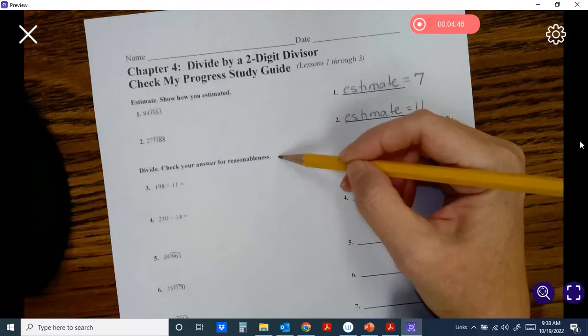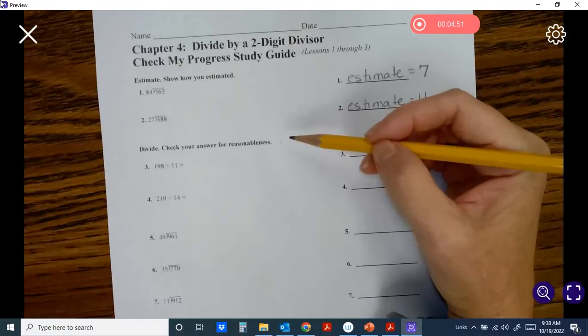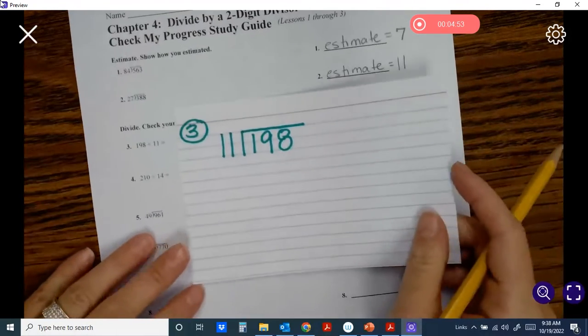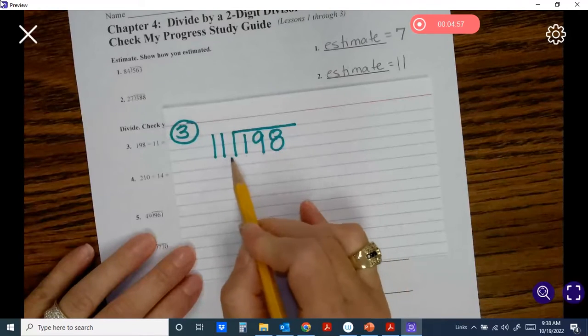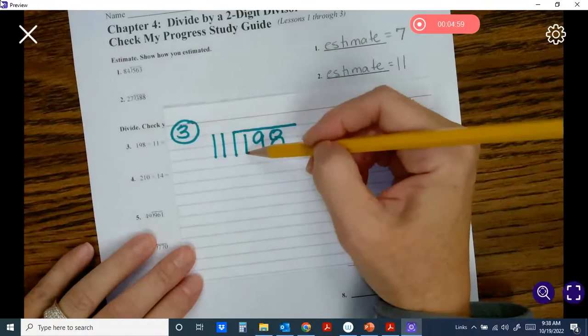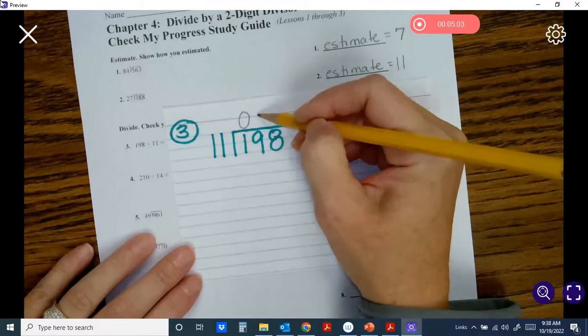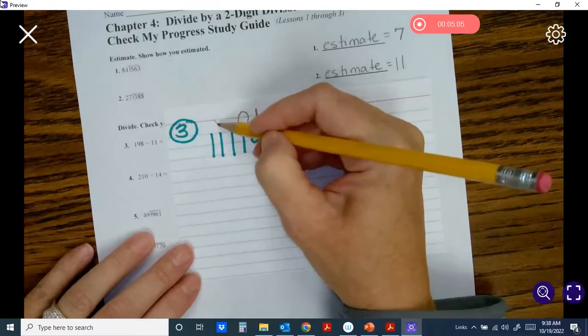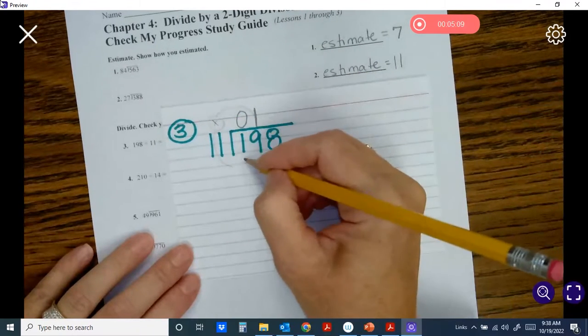Check your answer for reasonableness. All right. So question number 3, we have 198 divided by 11. 11 is not able to divide 1, it can divide 19 one time. 1 times 11 equals 11.